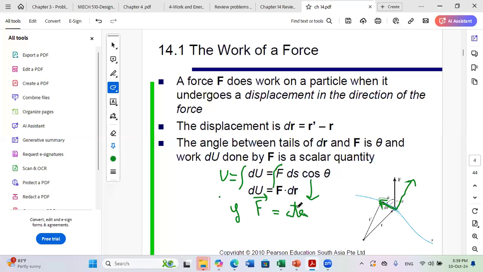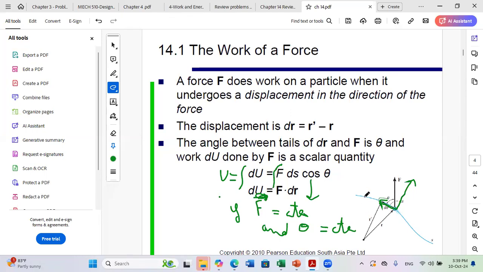What I mean by this is the magnitude of F constant and the angle theta with the tangent constant, because there is a difference between saying that the vector is constant.